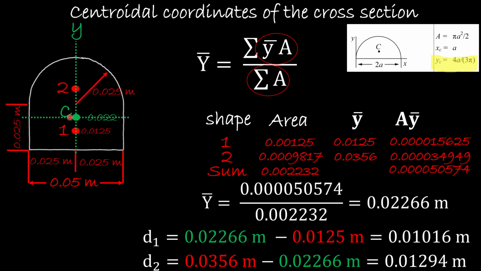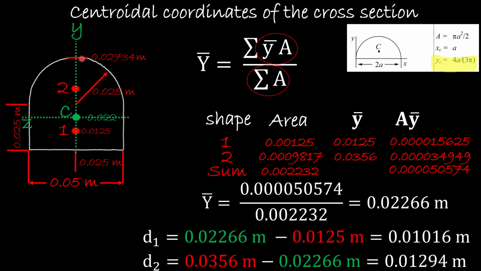Another thing that we need, since we have this information in front of us: in the flexural formula we have the c value. We said that the c value is the distance from the center C, where the neutral axis, or the x-axis, is passing through, which runs along the beam, all the way to the top where the maximum stress happens, and all the way to the bottom where the maximum stress happens.